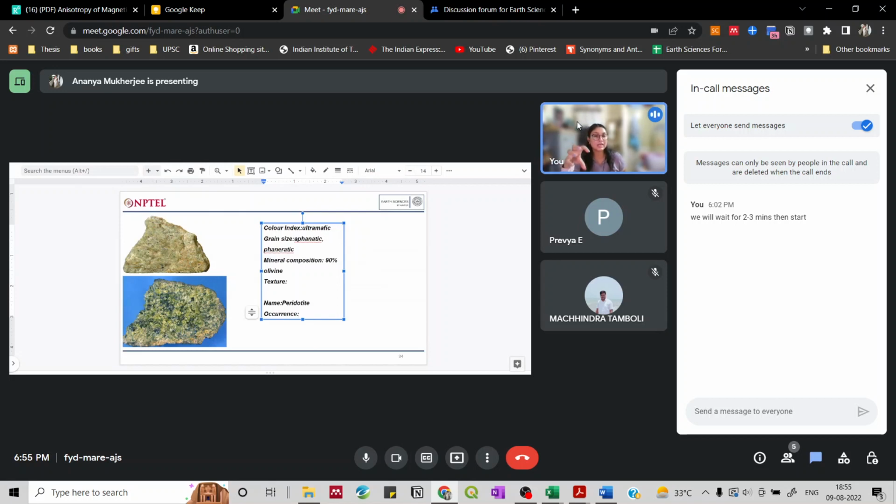Okay, so these actually crystallize in ocean crust only. As we had discussed in the previous session, oceanic crust is denser because it is made up of mafic rocks, ultramafic rocks, and peridotite is also one of the constituents of the oceanic crust.